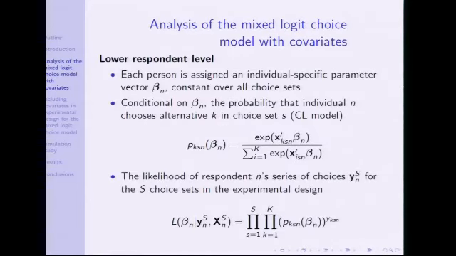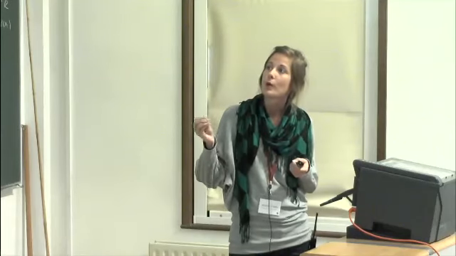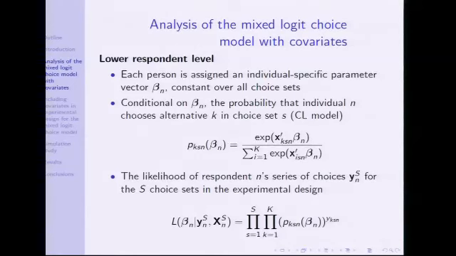As I mentioned before, instead of considering one aggregate set of model parameters, we assume an individual specific parameter vector beta n for each individual separately. And we take this vector constant over all choice sets, and as such we account for correlation between subsequent choices.